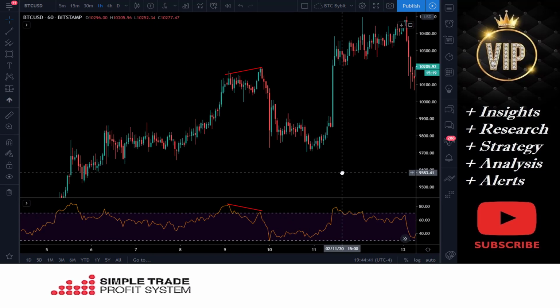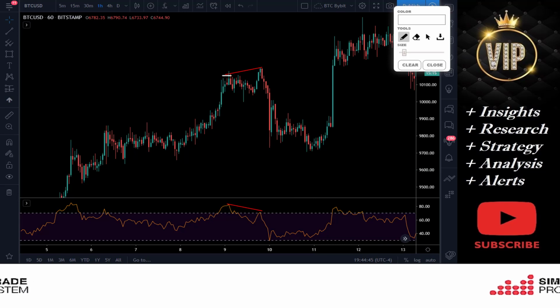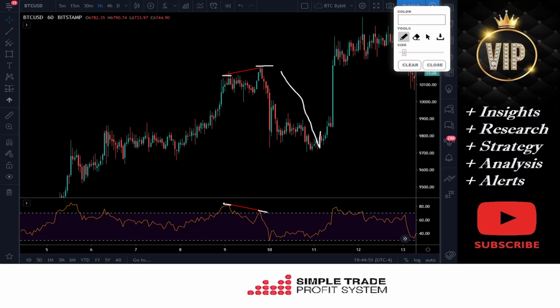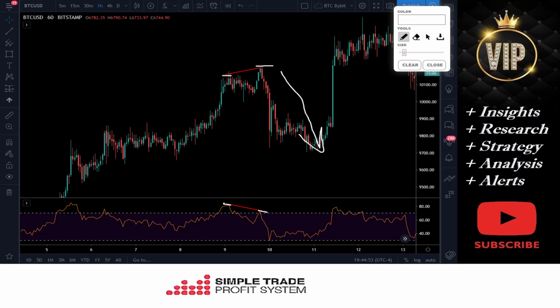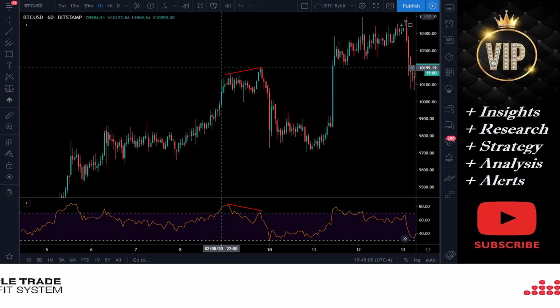Another example of bearish divergence. We had a higher high on price, but the RSI made a lower high, and price reverses to the downside because of this. This is exactly why this happened. Price moved down because of this.